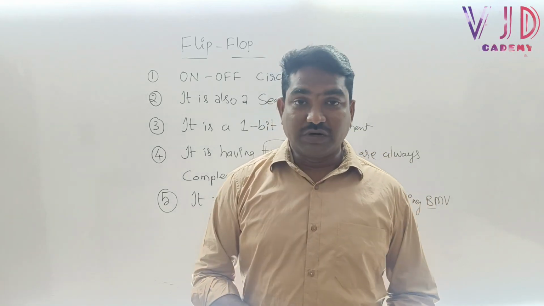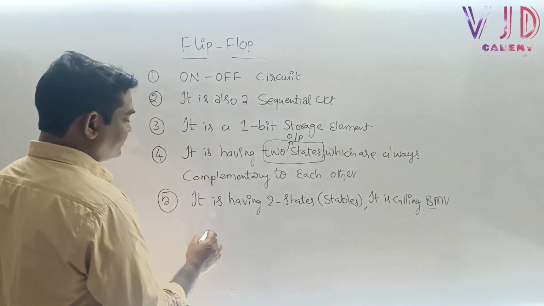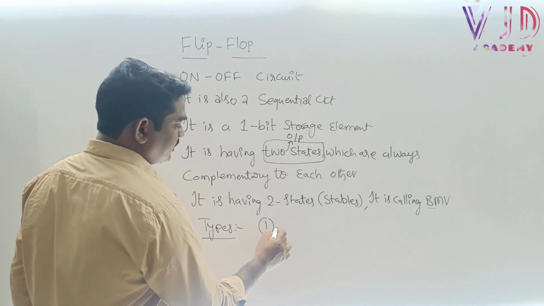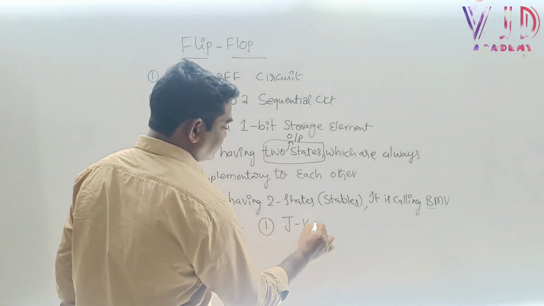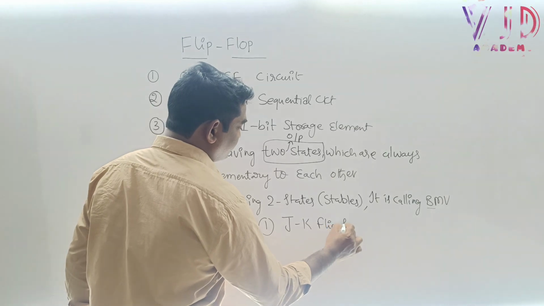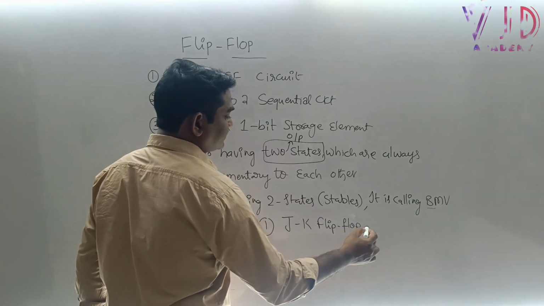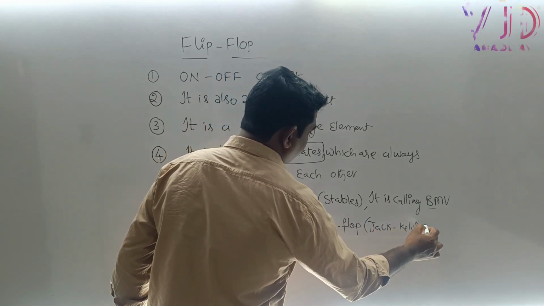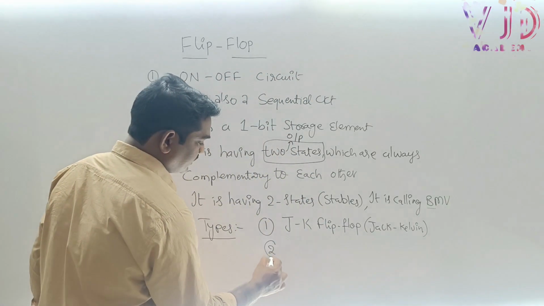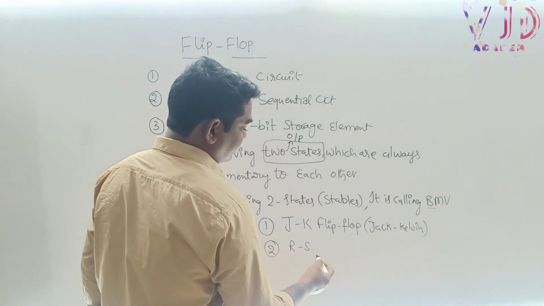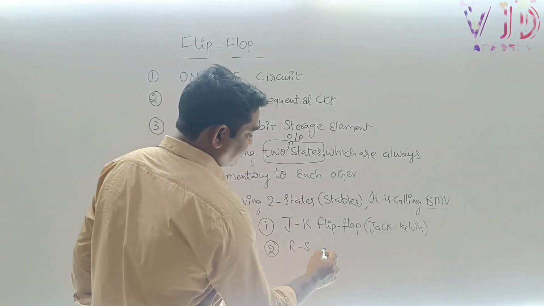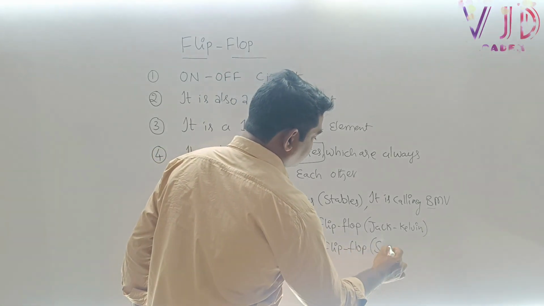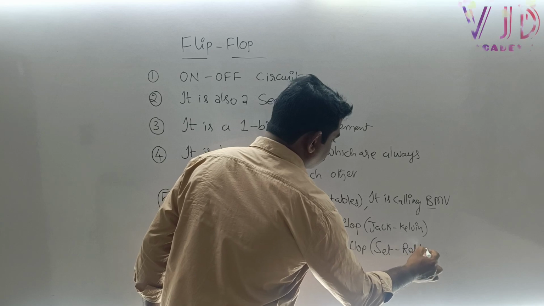And now, what are the types of flip-flops? The first one is the JK flip-flop. JK means Jack and Kelvin. The second one is the RS, which we can also call the SR flip-flop, meaning set reset flip-flop.